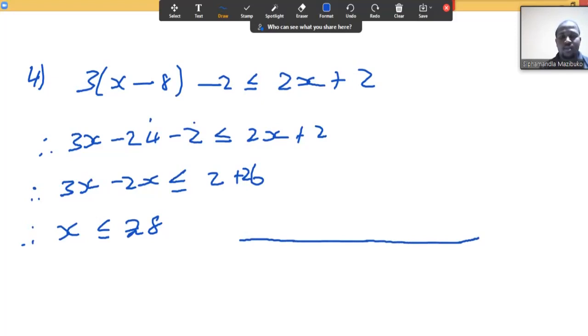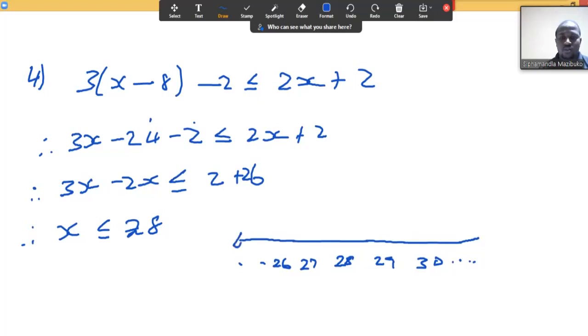Here we can have 28, 29, 30, etc. Then we can have 27, 26, etc. So we're looking at 28.